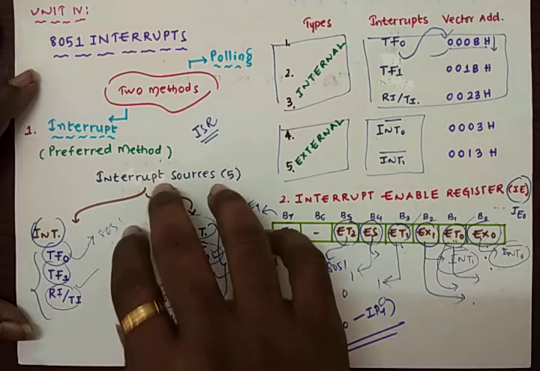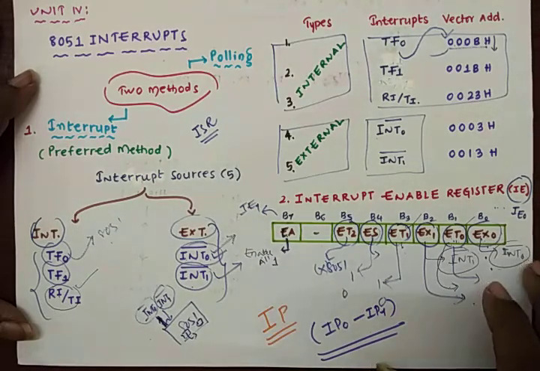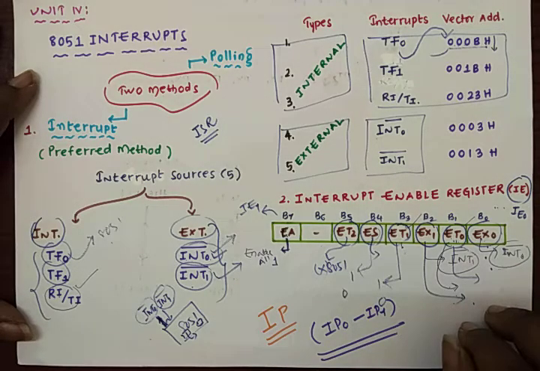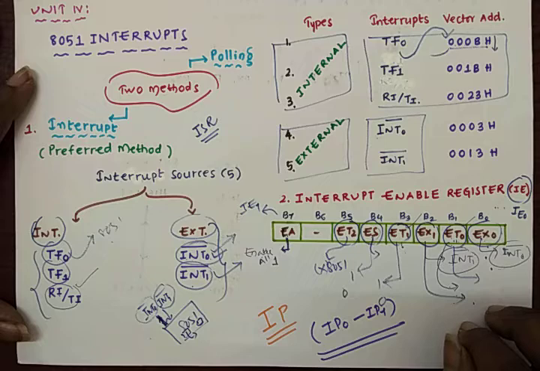We have the 5 interrupt sources, and each can be individually programmed to one of 2 priority levels by setting or clearing, as highest and lowest. A lowest priority interrupt can itself be interrupted by a higher priority interrupt, because the higher priority interrupt is not going to allow the low priority interrupt to be served first.